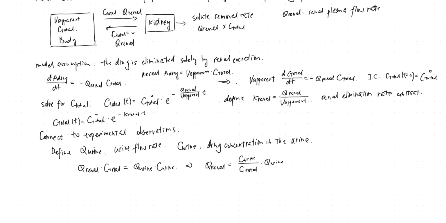And then you can use these to approximate Q renal, and that's done a lot in clinical settings. So this is how you can connect our model for renal clearance, which gives you the exponential decay, to what can be measured from the urine.